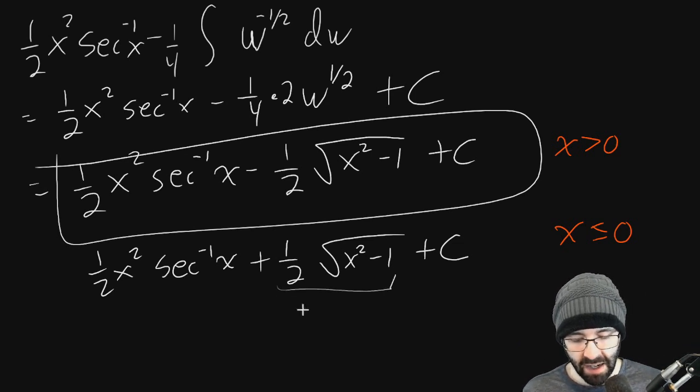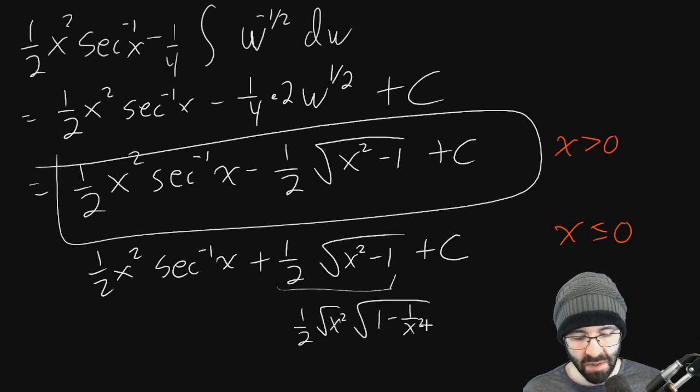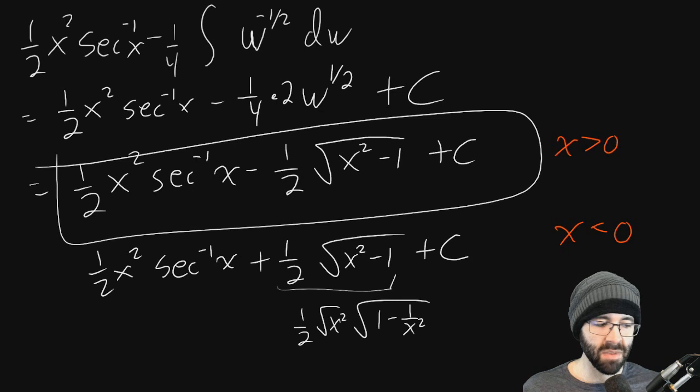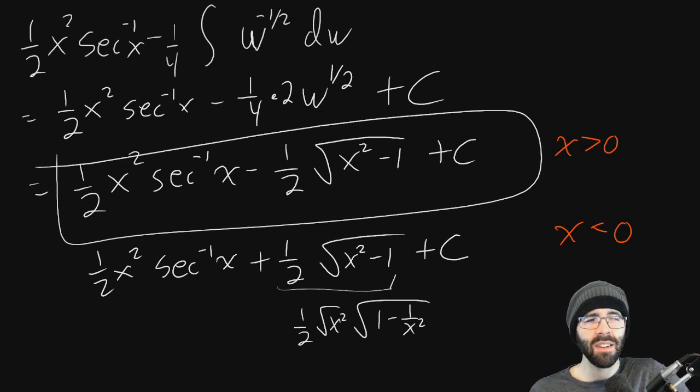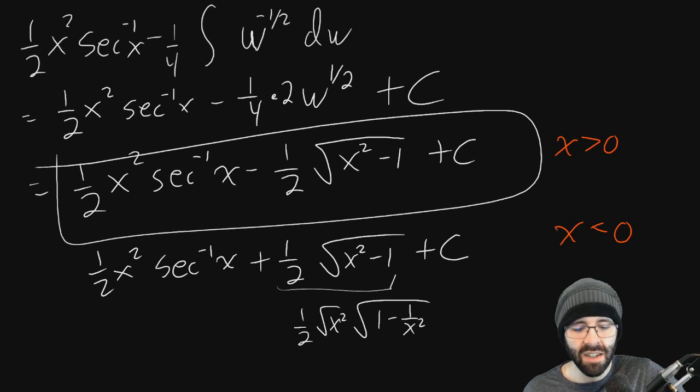Because we can write this guy as 1/2 times the square root of x squared times the square root of 1 minus 1 over x squared. So as long as x is not equal to 0, if x is equal to 0, we have all sorts of problems. And this is really something that comes up in antiderivatives all the time: whenever we have things that aren't continuous or things that have weird domains, then it gets a little tricky. And so this right here is just x.